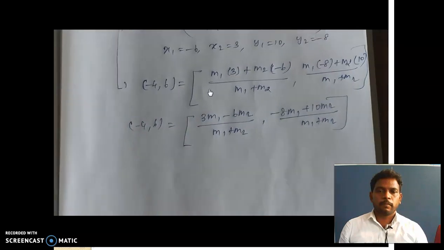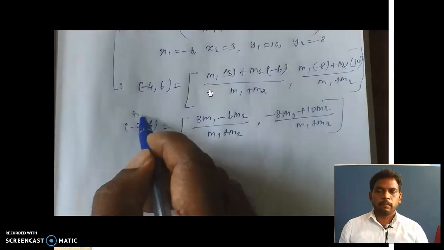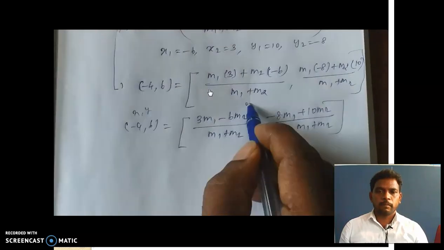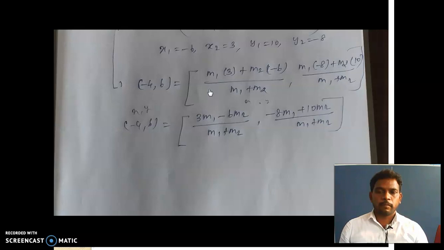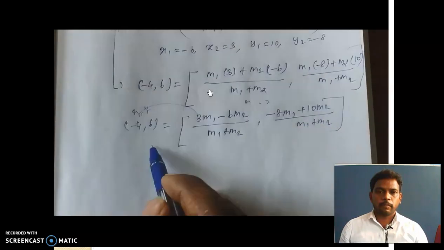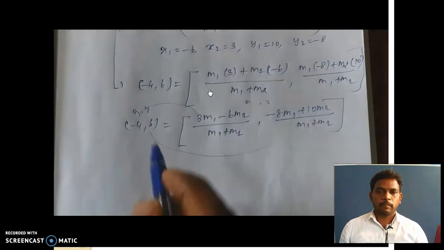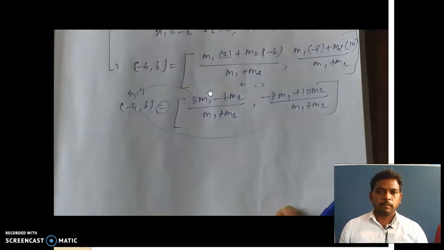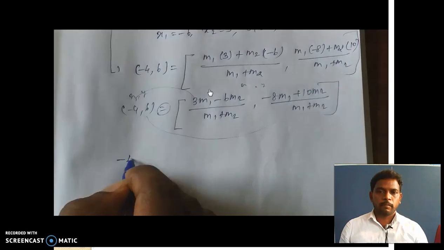Now the left hand side is a coordinate point (x, y), and the right hand side is also a coordinate point (x, y). So the x coordinates are the same and the y coordinates are the same, because equal to means that. So now we equate either the x value or the y value on both sides. I am going to equate the x value here.